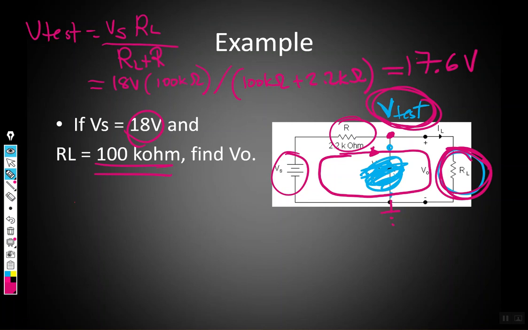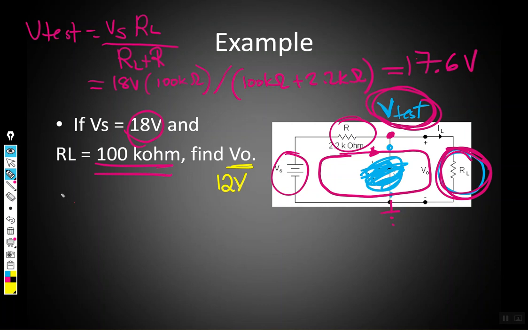Now 17.6 volts is more than the 12 volts of the Zener diode, so the Zener diode will be on in its reverse biased mode, and therefore the voltage drop across it will be actually the 12 volts of the Zener. So this V out here is going to be 12 volts, right?